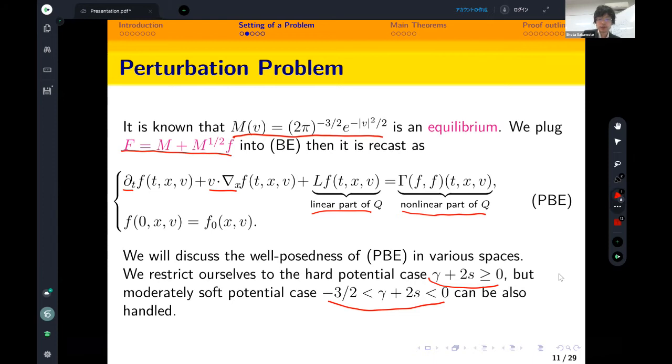For this soft potential case, we need some weight function, which makes the statement of the theorem messier. So allow me to avoid that.